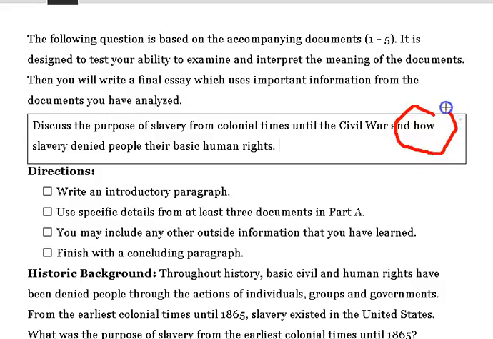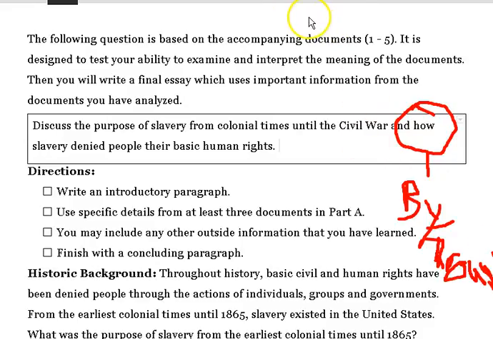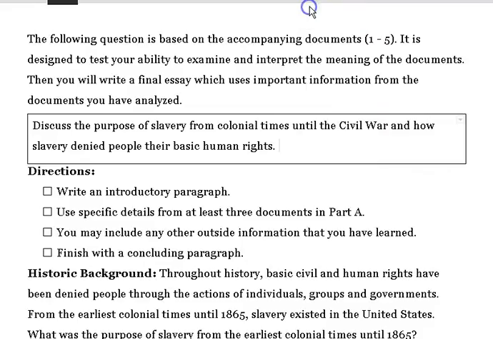How, circle, how. What do you write? By or through. I'm sorry I write messy. So, that's what you write.